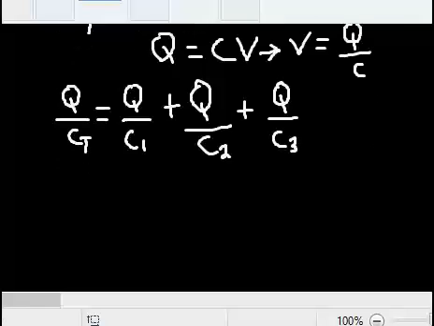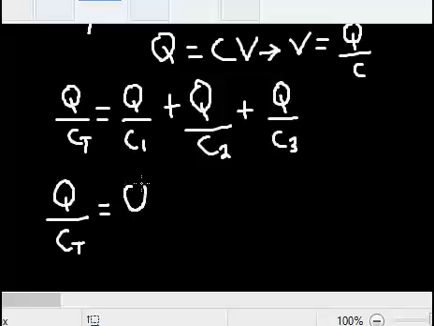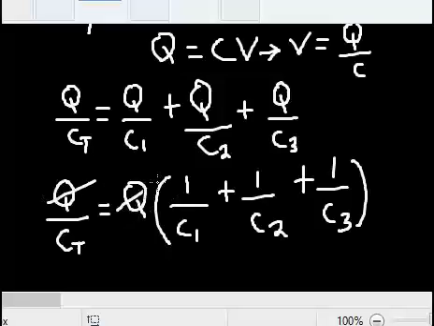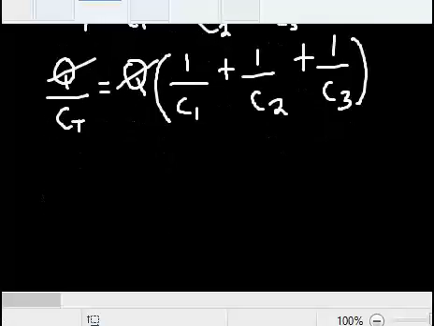Okay, so now what do we do? So Q all over CT is going to be equal to, Q is common, I have to factorize. So I'm having 1 all over C1 plus 1 all over C2 plus 1 all over C3. So Q being a common factor on both sides of the equation cancels out.